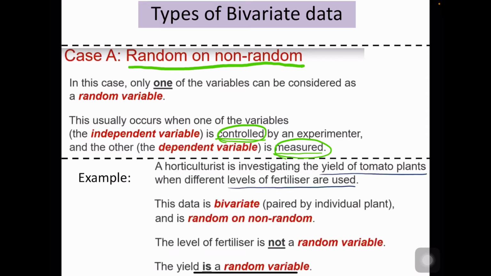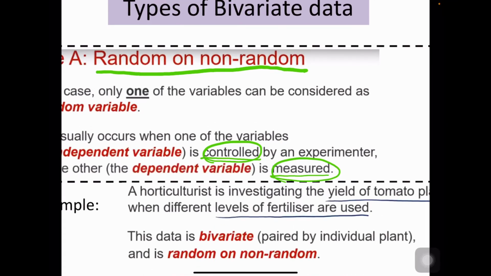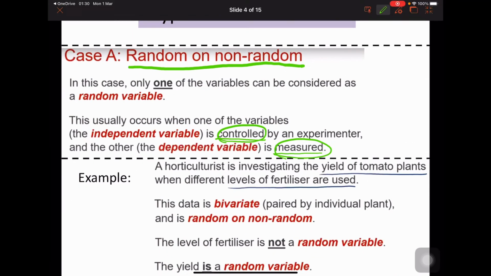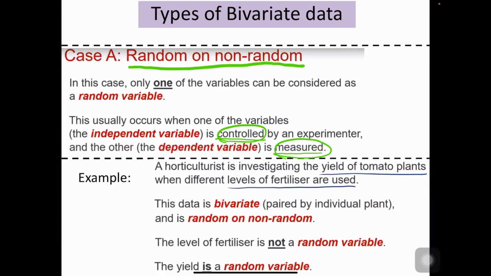So here's an example. A horticulturist is investigating the yield of tomato plants when different levels of fertilizer are used. This data is bivariate. Why? Because, let's just change the color first. Actually, here. Yeah, so the reason why this data is bivariate is because firstly, we have two variables, they're both being underlined using a blue pen.